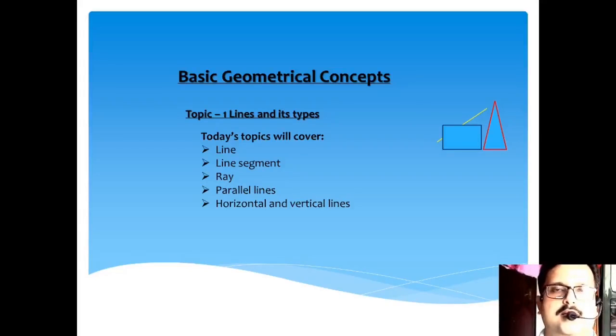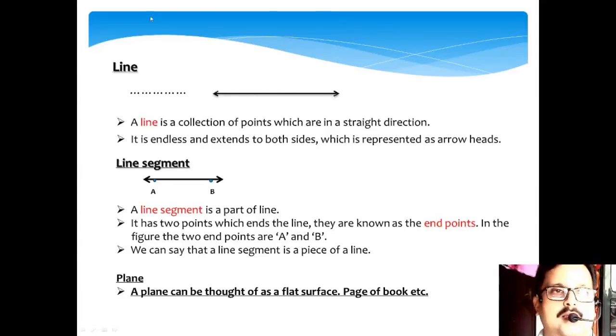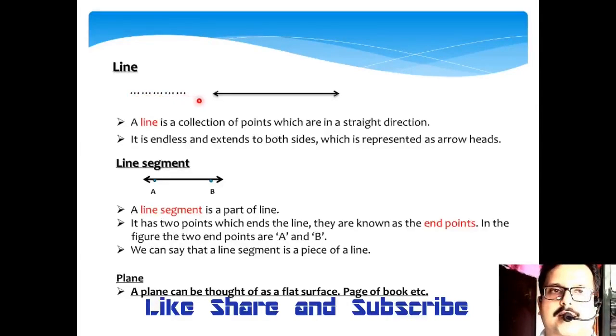So first, let's start with the line. Here, you can see two pictures. One is representing a dotted line and the other one is a line with two arrowheads.